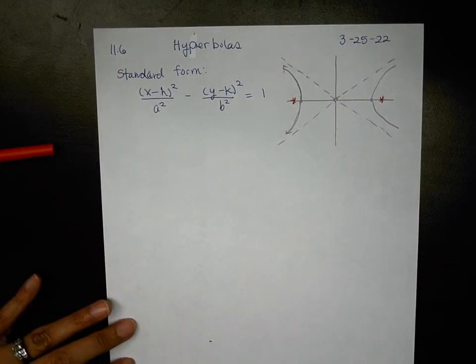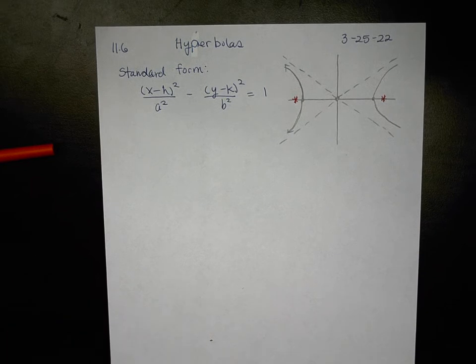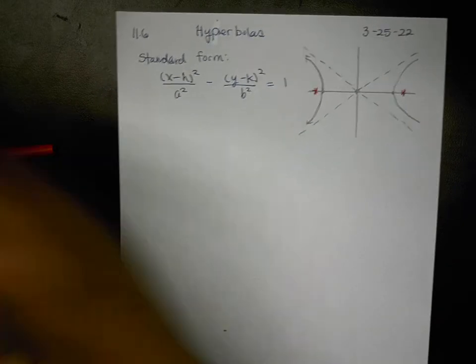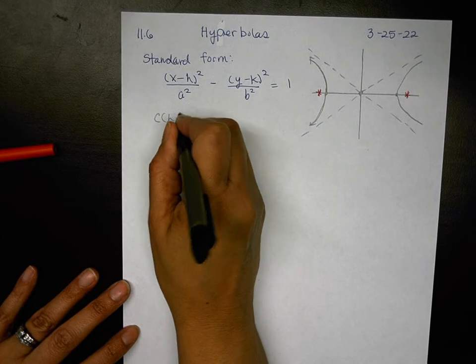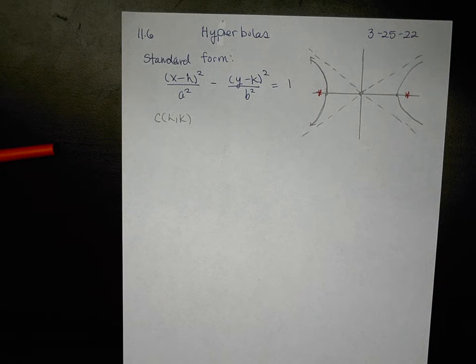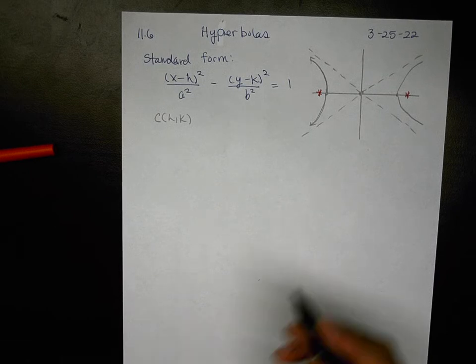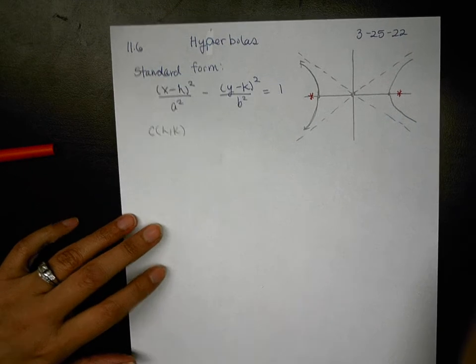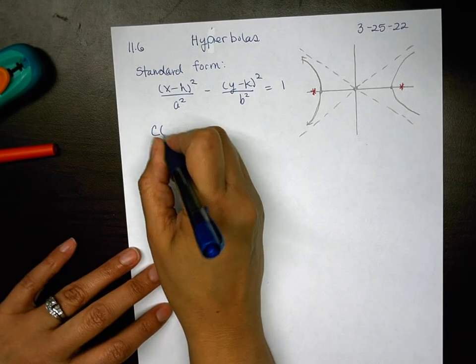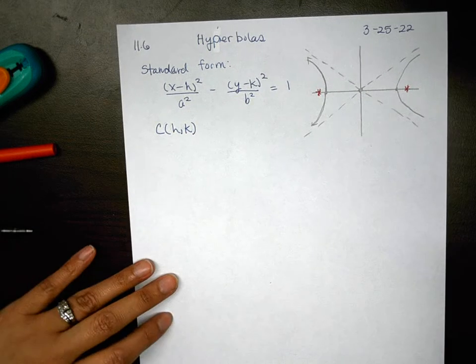Okay, so here they are. The center is h comma k, and I will let you know which ones are necessary whether you're visual or not. The center is h comma k, and we all are going to use that, whether you're a visual person or a formula person.